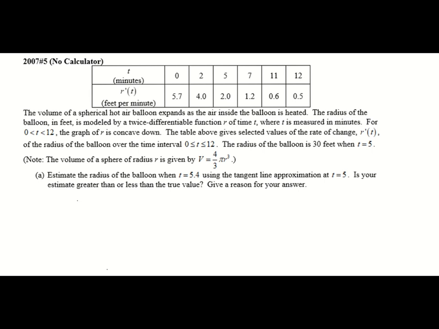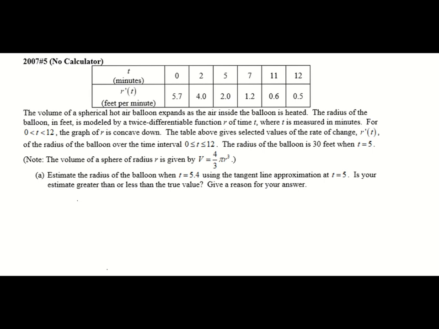The table above gives selected values of the rate of change, r prime of t, of the radius of the balloon over the time interval from 0 to 12 inclusive. The radius of the balloon is 30 feet when t is equal to 5. Note the volume of a sphere of radius r is given by V equals 4/3 pi r cubed.